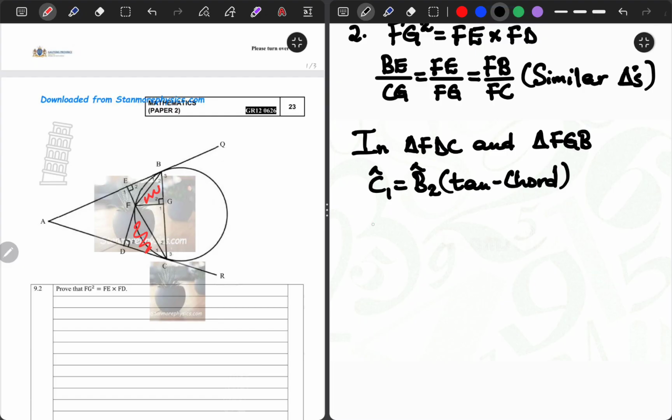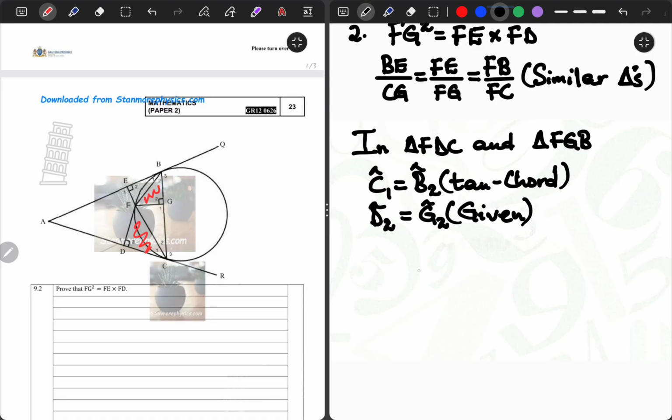And D2 should be equals to G2. These are given to be 90.